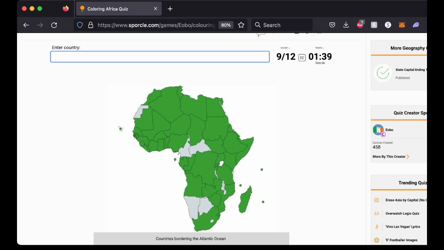Countries bordering the Atlantic Ocean, so Cameroon. Countries with blue in their flag, so Botswana has blue in its flag. Botswana. And the final country, that is Malawi.